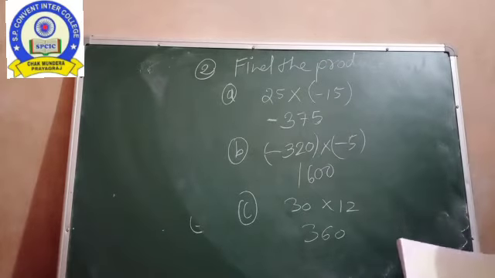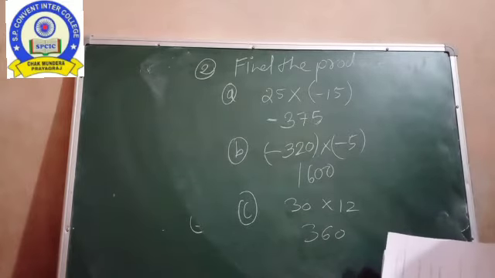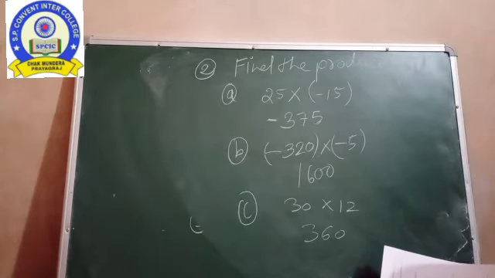Now the next question, question number 3. What is the property we follow to prove the following? First, 15 into minus 15 equals minus 15 into 15. This is a commutative property.